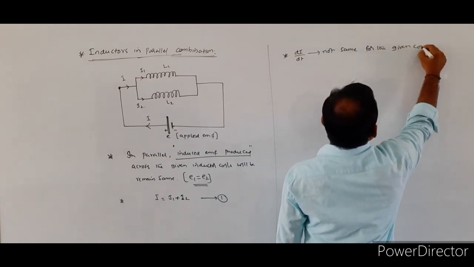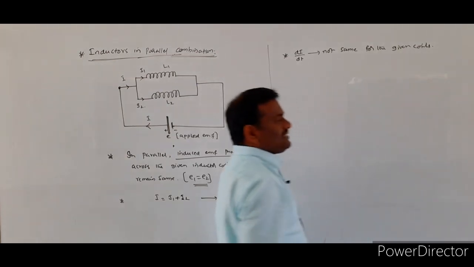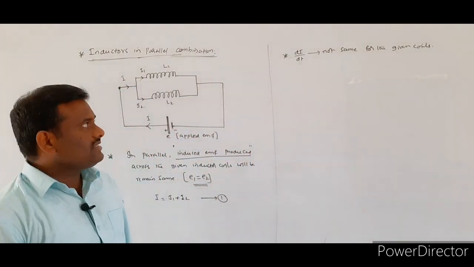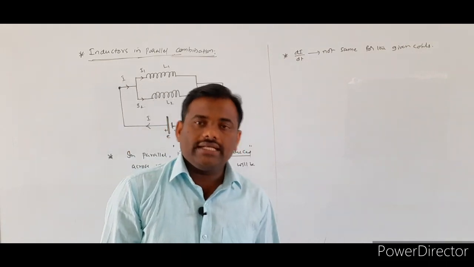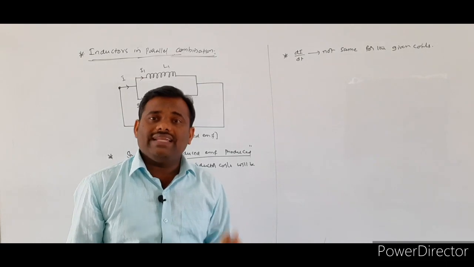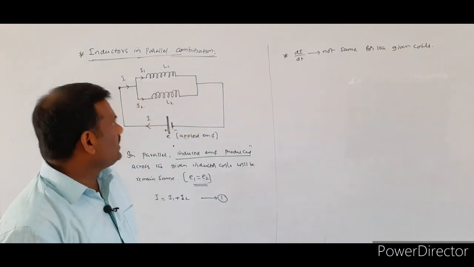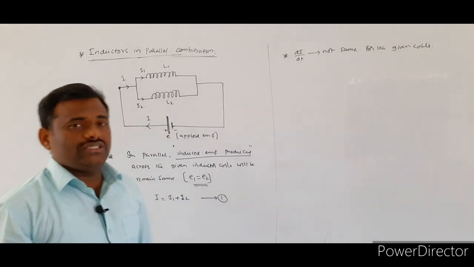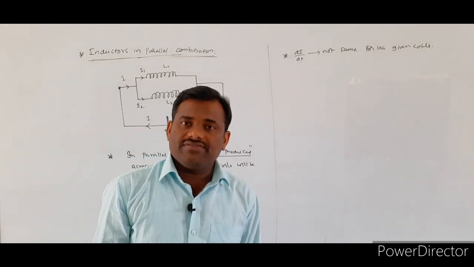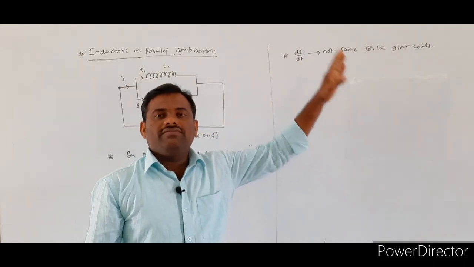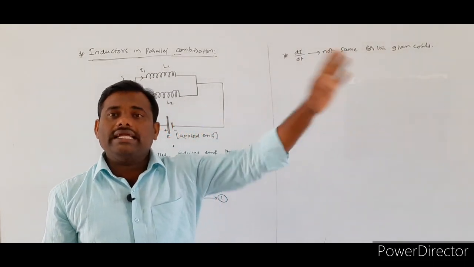In the previous case, because these inductor coils were in series combination, the di by dt value remained the same for the first coil as well as the second coil. But here these two coils are arranged in parallel combination, because of that the di by dt value is not the same for each and every inductor coil.